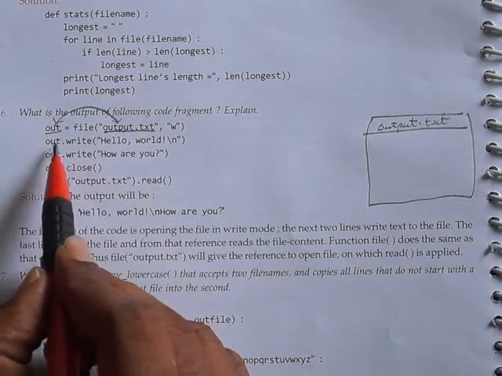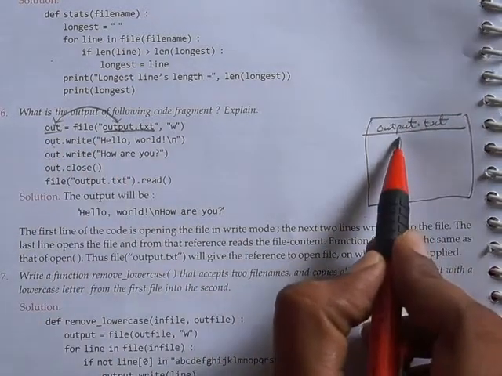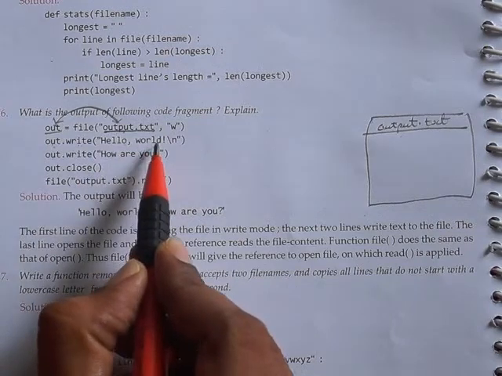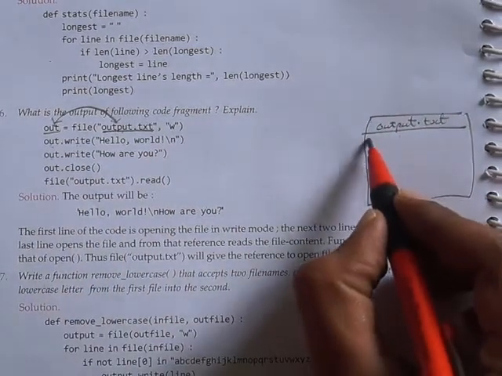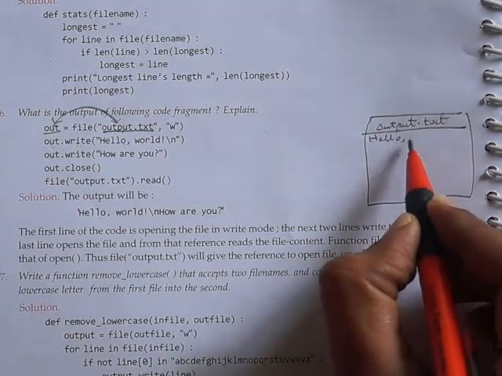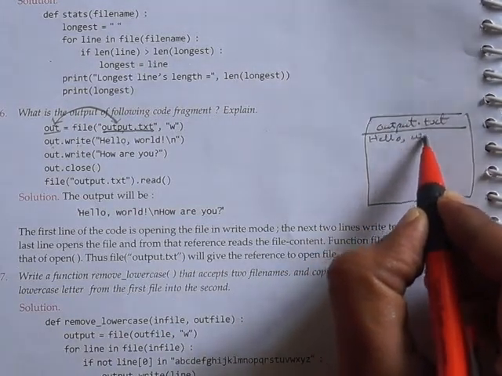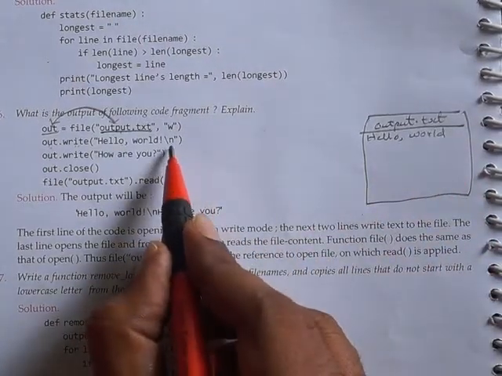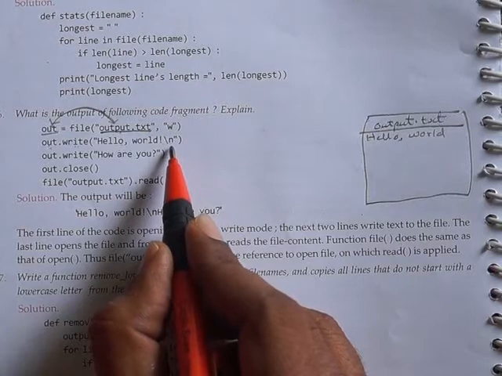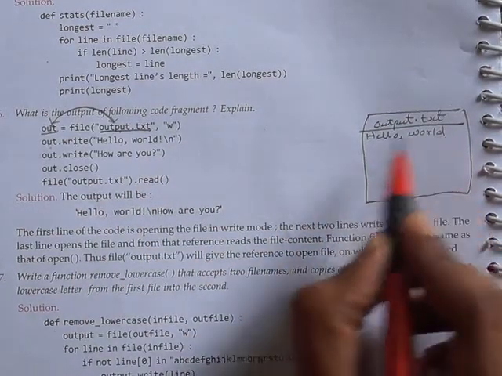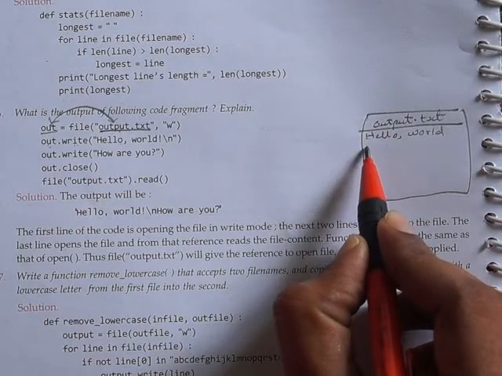So in output.txt, we are going to write hello world. So here we have to write HELLO WORLD. Now what is this? It is called next line, such that the file pointer will be moved towards the next line, and here the file pointer is getting ready.